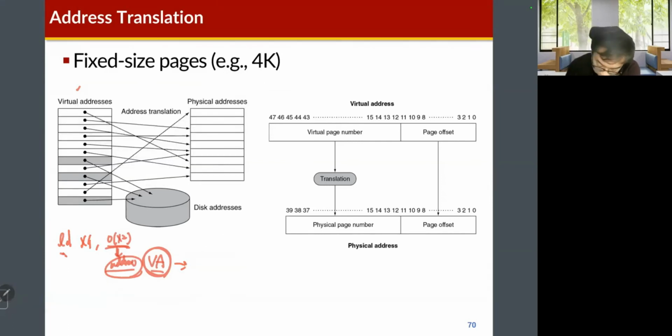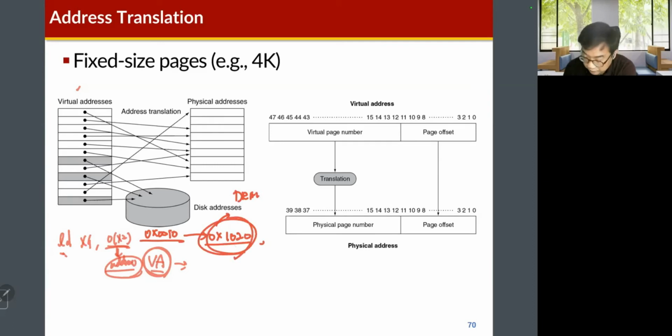For example, this address is 0x0010, and it is translated into the physical address 0x1020. Then the processor accesses DRAM with this address, reads data from the DRAM, and this data is provided.